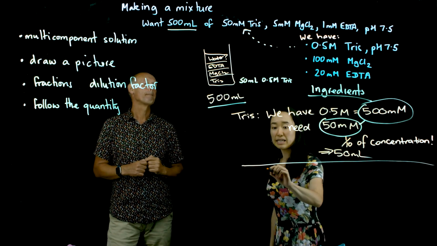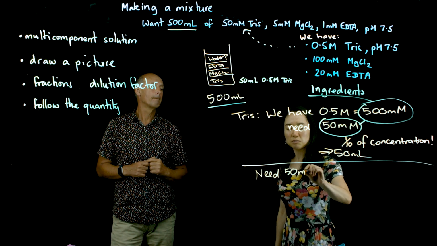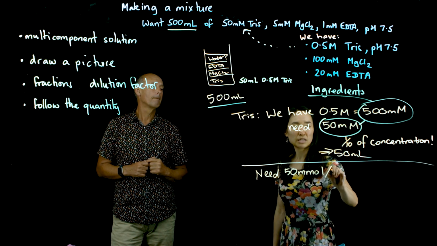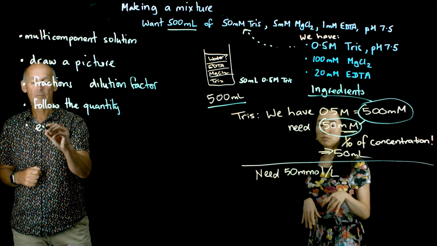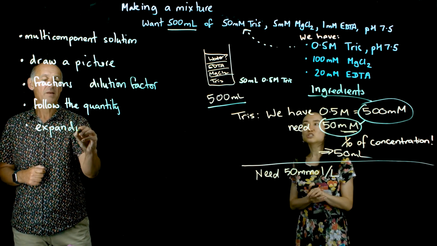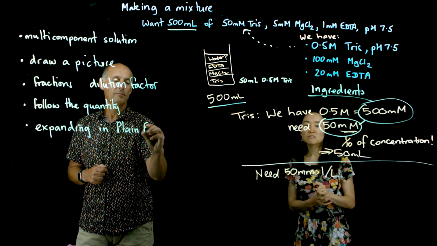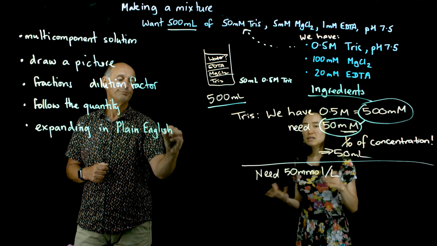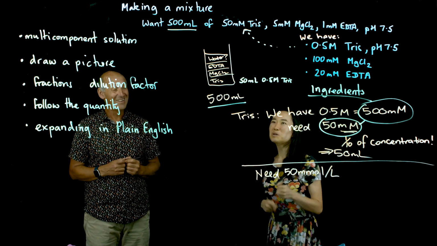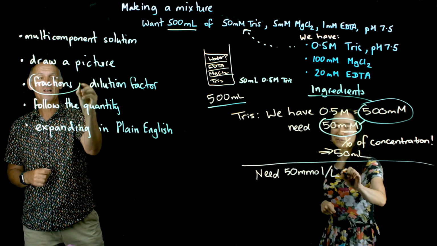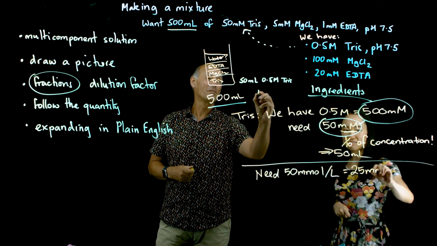I need 50 millimoles per liter, and that's just writing this out because it's a lot easier to see what we're working with when we expand out the notation. In plain English, in a liter, we need 50 millimoles. Again, we can recognize that 1 litre is twice what we need. There's a lovely fraction there, isn't there? So that then means we need 500 mils, which is half a litre.